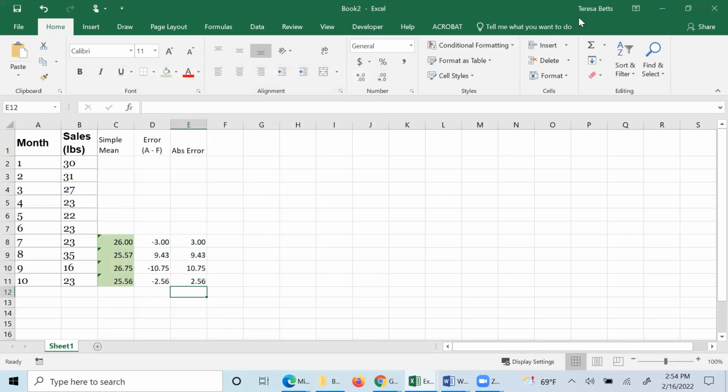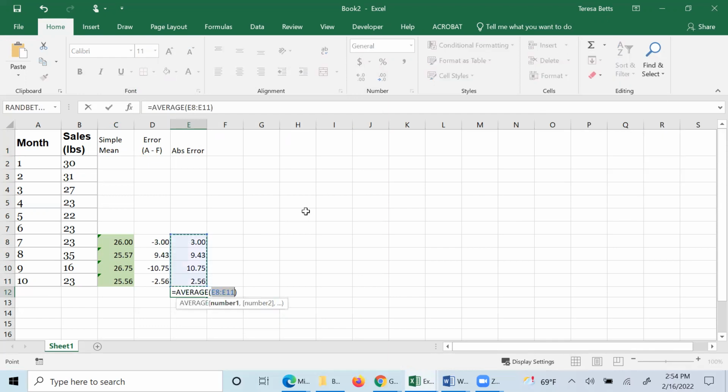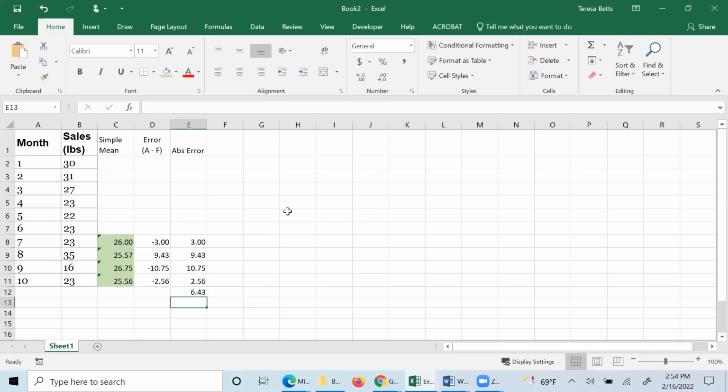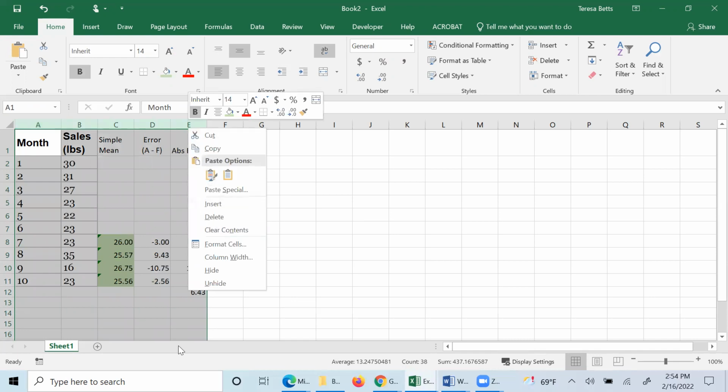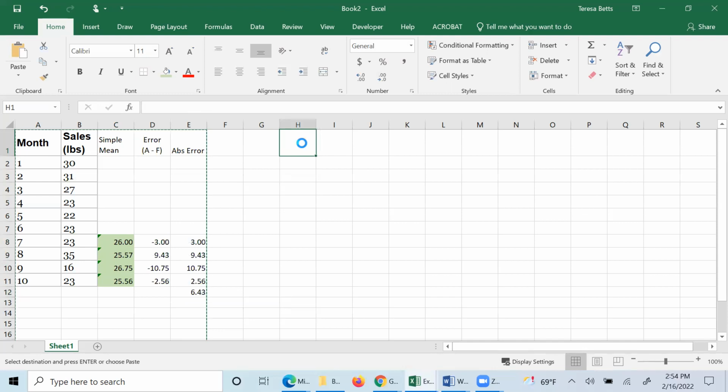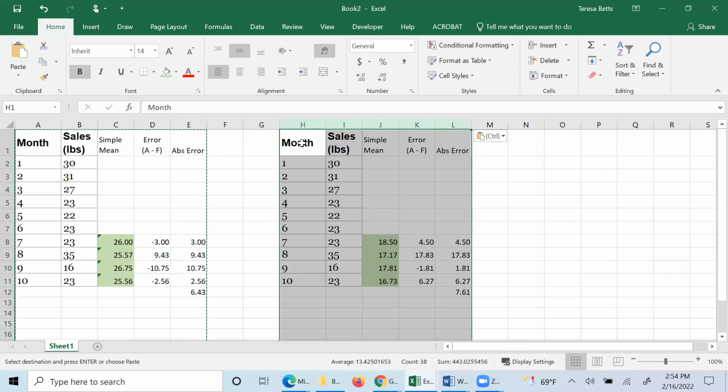Then to get MAD, the mean absolute deviation, I'm going to average the values of my absolute errors. That tells me that using this forecasting method, the simple mean, my MAD is 6.43.